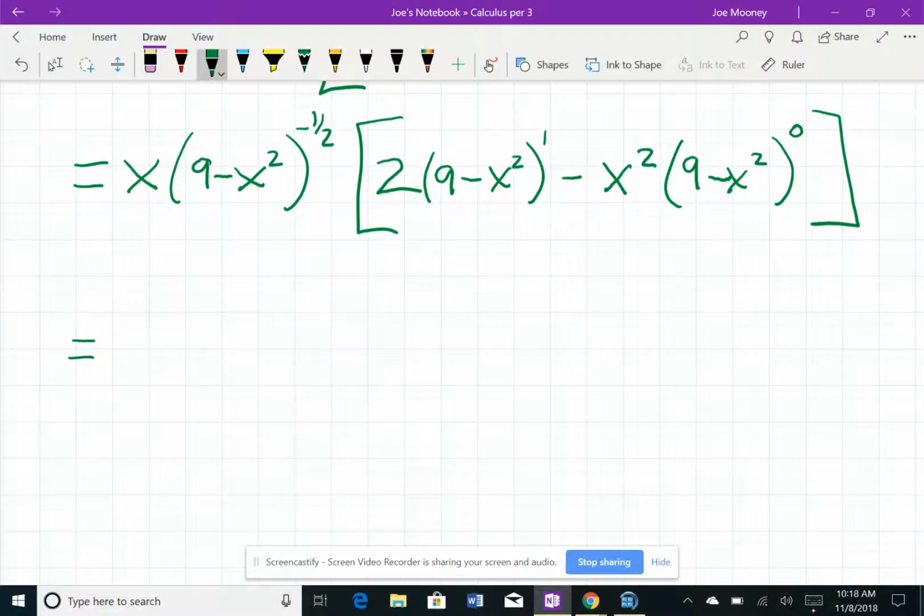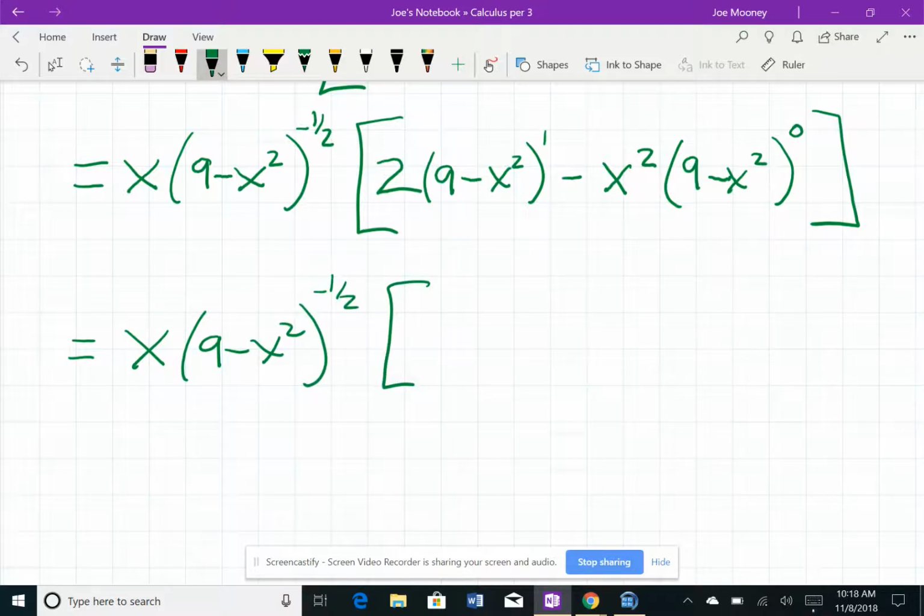So we've got x times (9 minus x squared) to the negative 1/2 power. Now you can grab it out of the function because it's a power 1. So that's just 9 minus x squared in parentheses. That's all that is. So that becomes 18 minus 2x squared, minus x squared to the power of something, a base to the power of 0.